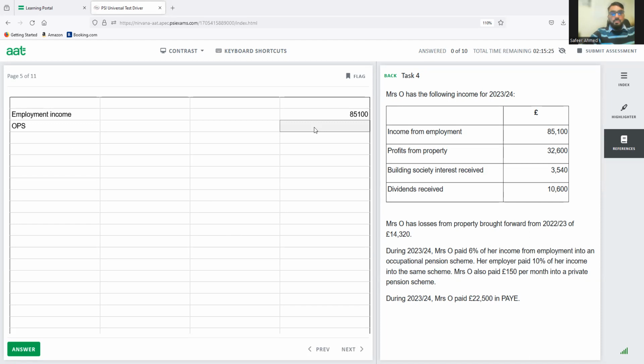If you work out 6% of 85,100, so 85,100 times 6%, which gives you 5,106. Now you write this amount in brackets, because remember we are deducting it, and this will give us the net employment income. So the net employment income will be, of course, 85,100 minus 5,106, which gives you 79,994.